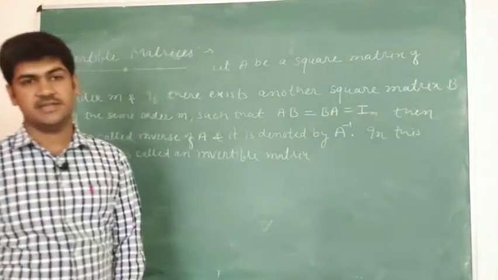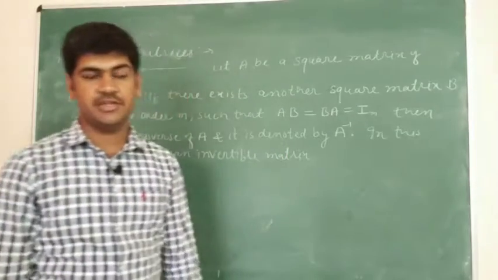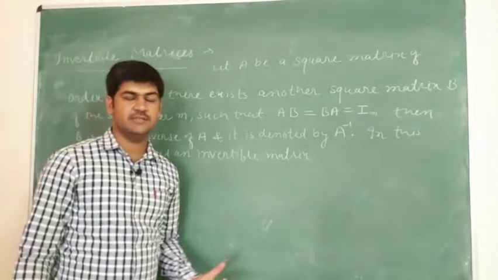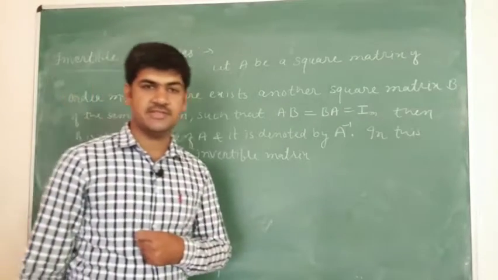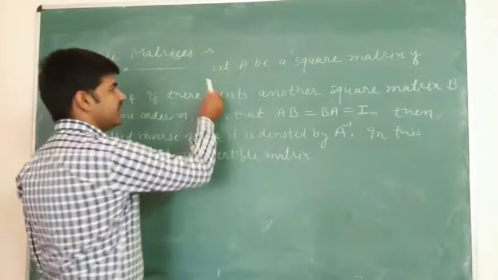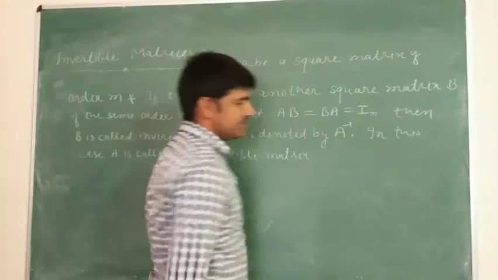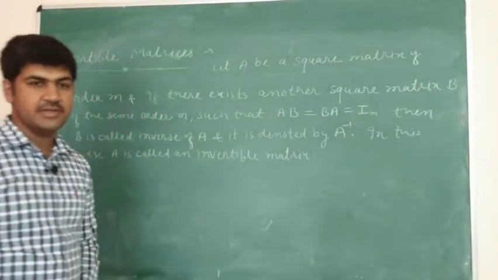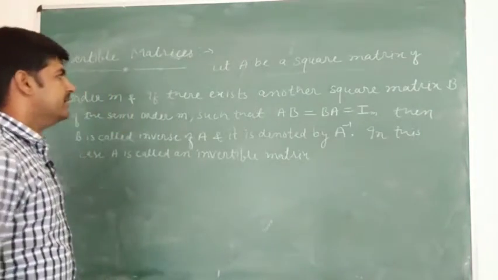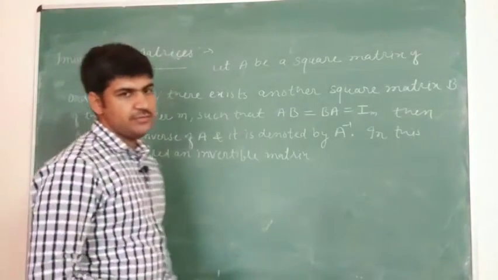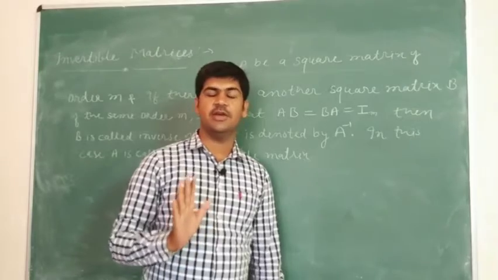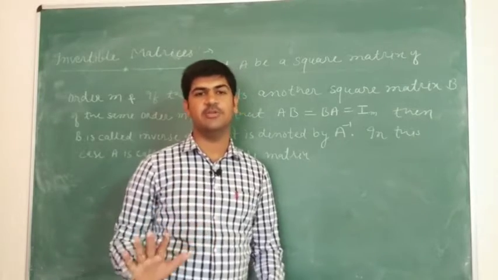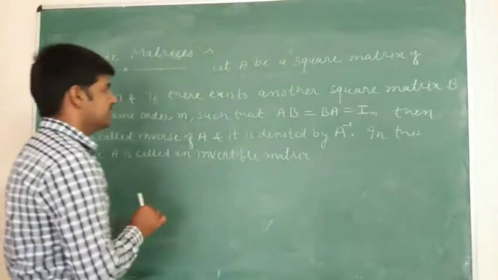Dear students, understand what I have written here. I have written the definition of inversible matrix and inverse of a matrix. I took A as a square matrix, and the reason I will explain just now, as the inverse can only be obtained for a square matrix.